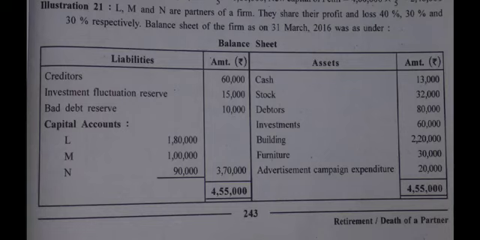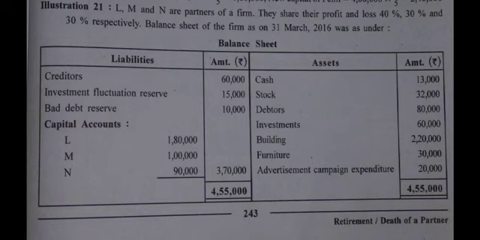This is your question. It is illustration 21, which is given on page number 243 of your textbook and is also presented on your screen. Yes, there are 3 partners. Please pay attention to the question. L, M and N are partners of a firm.